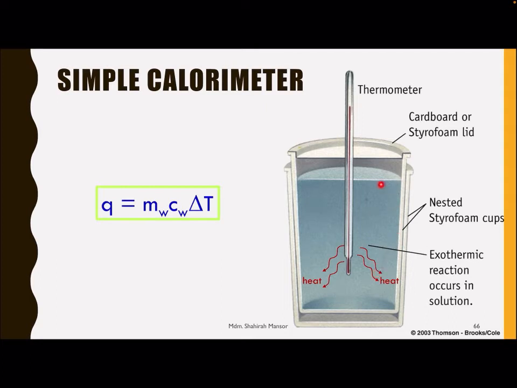So in order to find the enthalpy of neutralization or the heat released from the reaction, we must get it from the energy or heat absorbed by the surrounding. Since the energy released will be absorbed by the solution as the surrounding, the formula will be Q surrounding equals to MW times CW delta T, or M solution, mass of solution, times specific heat capacity of the solution times delta T.